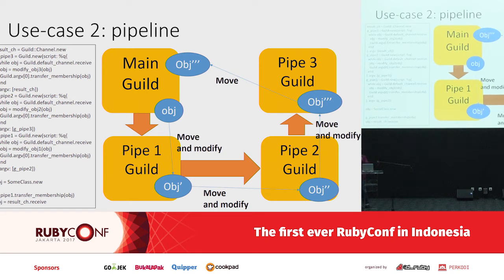So this is a plan. This is a concept. I haven't touched the implementation of guilds yet, but maybe next year I will try to implement these features, and I hope we can introduce this feature in Ruby 3, or Ruby 2.7 or 2.8. I'm not sure we can finish, but I want to introduce these features.